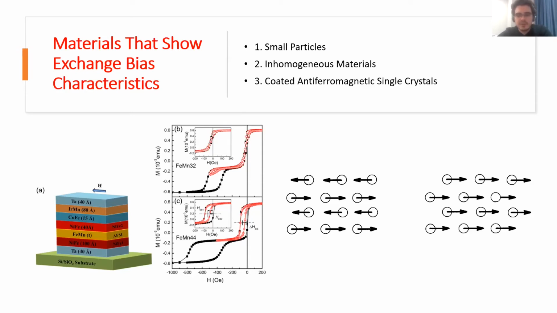Also, we have inhomogeneous materials. While I'm saying that, I refer to multiple layered materials or randomly located antiferromagnetic and ferromagnetic systems, like Thomson's cake, I would say.